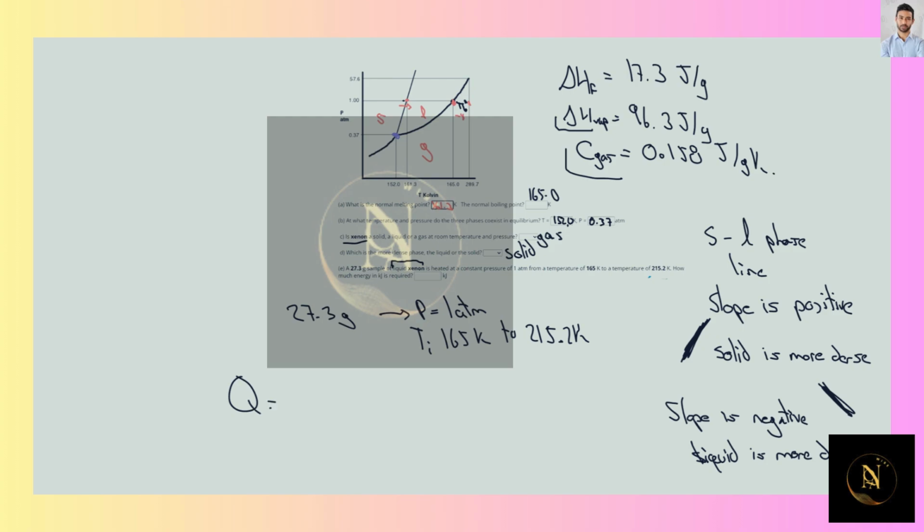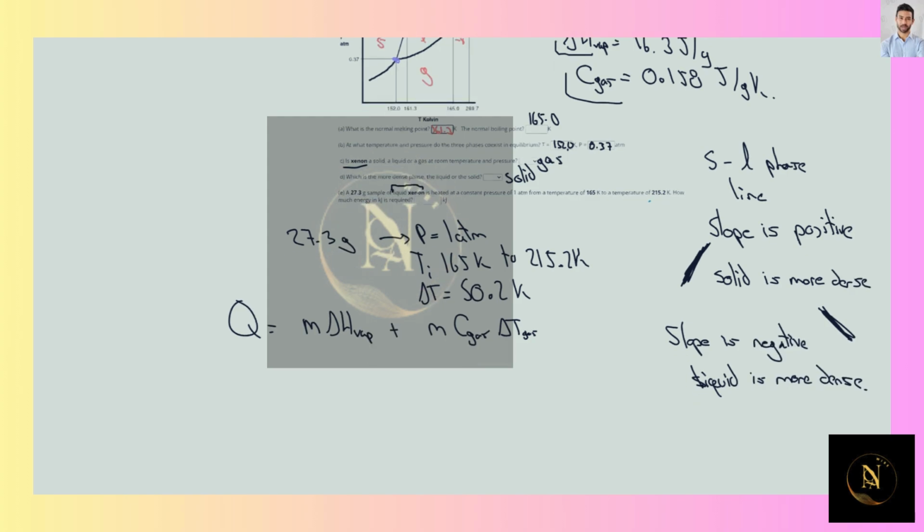So the heat is going to be equal to the mass times the delta H of vaporization, since we are having a liquid, plus the mass times the heat capacity of the gas times delta T for the gas. Note that delta T is going to be equal to a positive value, 215.2 minus 165, which is 50.2 Kelvin.